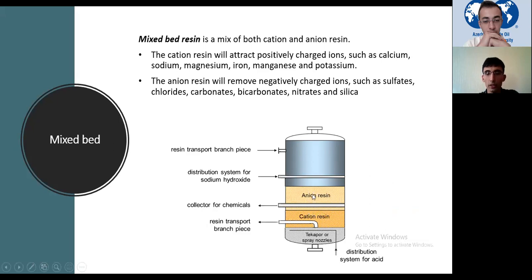When they are used up, they can be regenerated and we can use them again. For regenerating them, we use, as it's written here, sodium hydroxide, and we also use a strong acid to regenerate the cation resin, most of the time sulfuric acid.